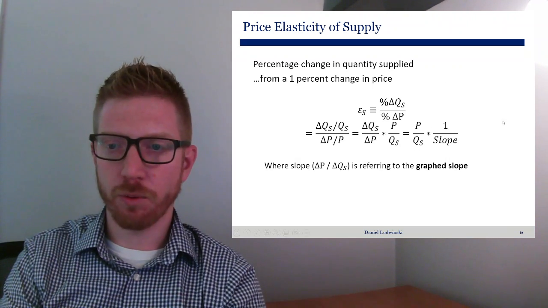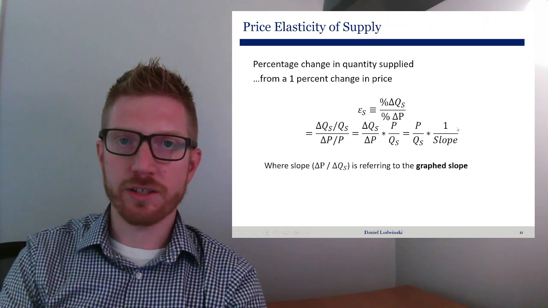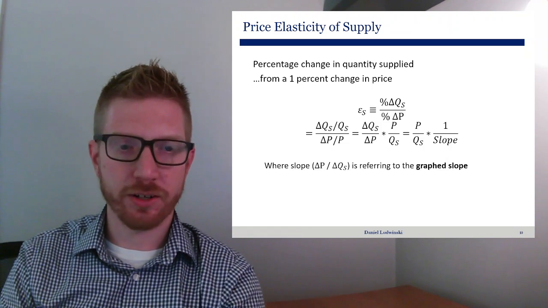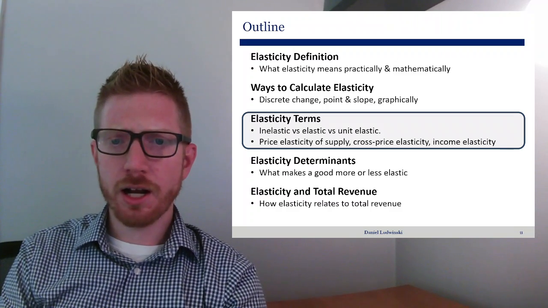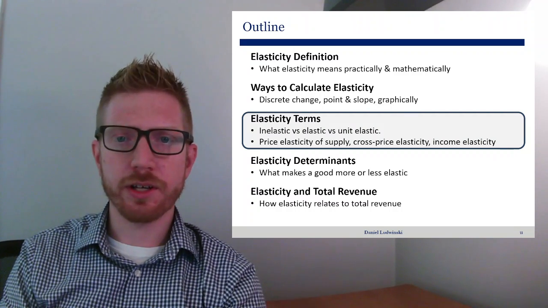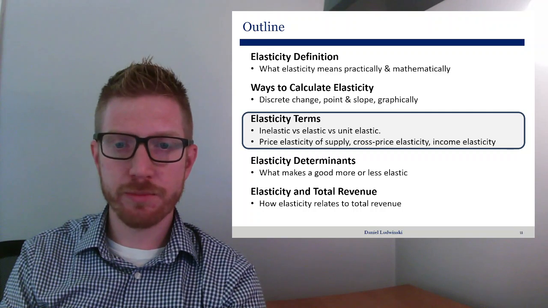And just as a reminder, when we're talking about slope, we're meaning the slope of the graphed demand curve, graphed supply curve. So that wraps up what I wanted to introduce in terms of elasticity terms.